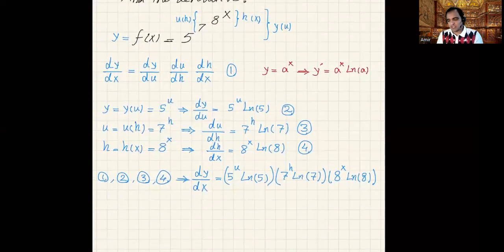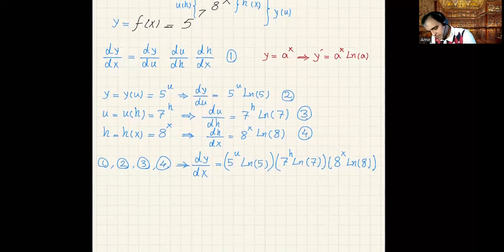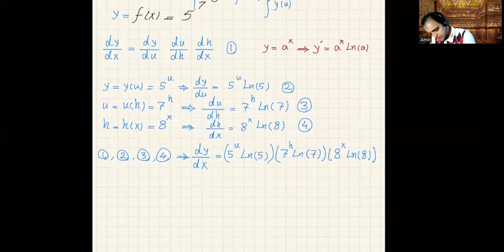let me just put all the functions back in their original form. So here, instead of u, I put this one, which was u of h. Let me write it down a little further down.